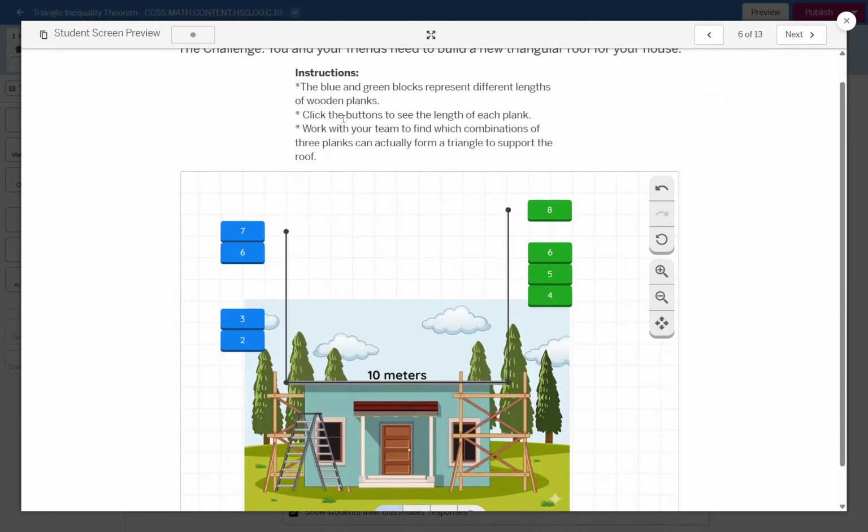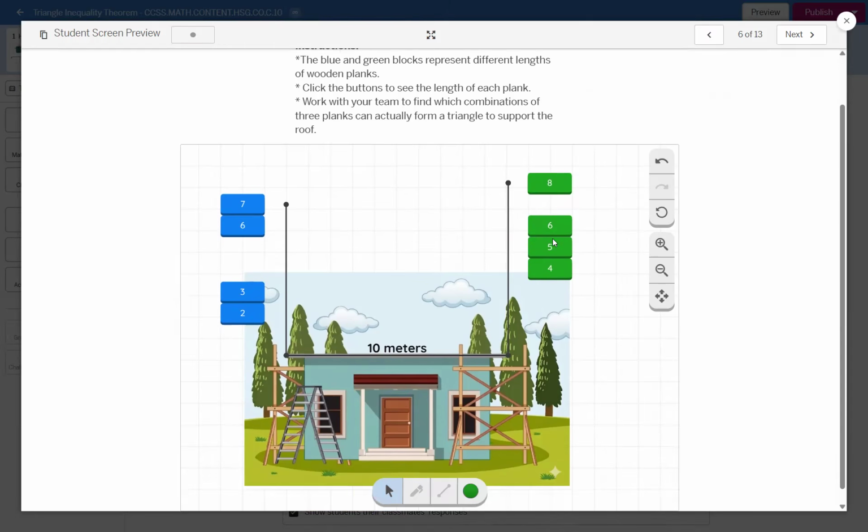Then we can click the button to see the length of each plank, so we can see it in real time. Then we need to explore the different combinations of lengths so that we can check whether they can form a triangle or not. We already have the first line here, which is 10. So we have two more sides to figure out what cannot form a triangle.